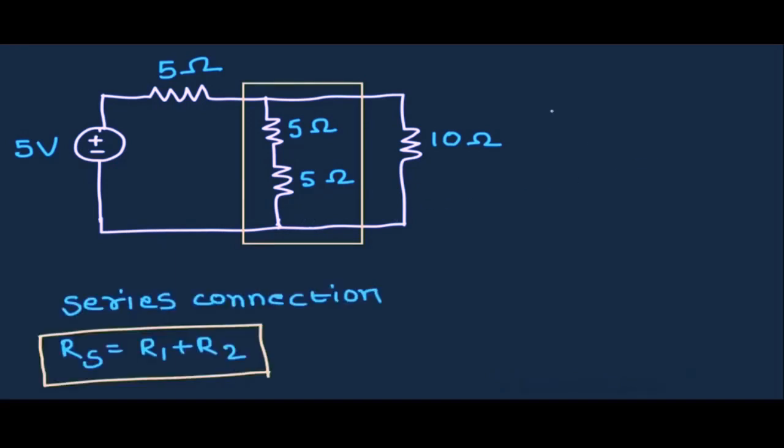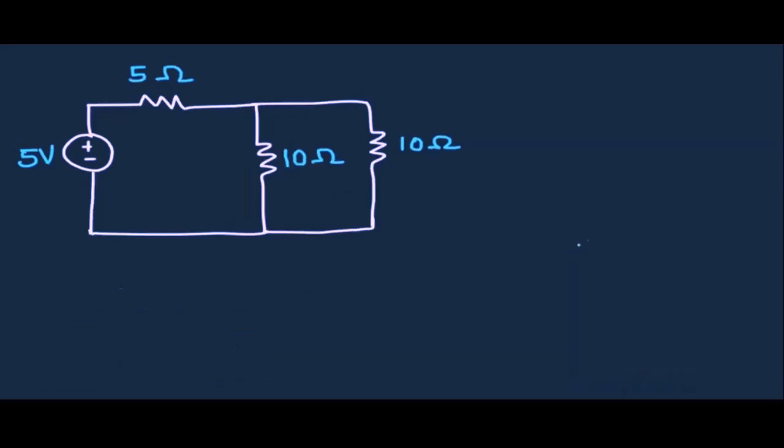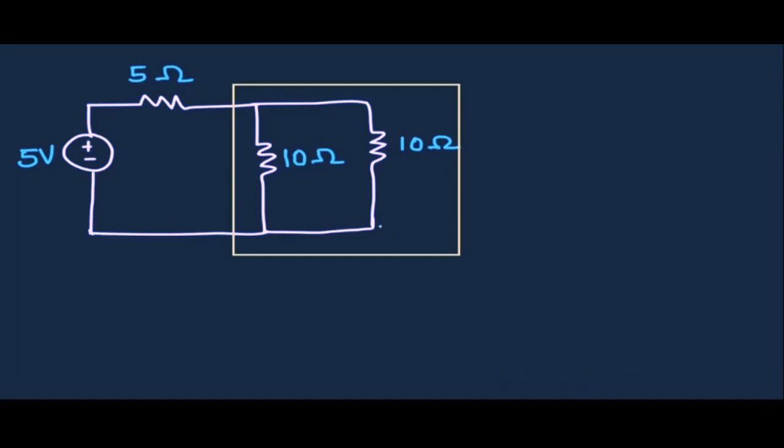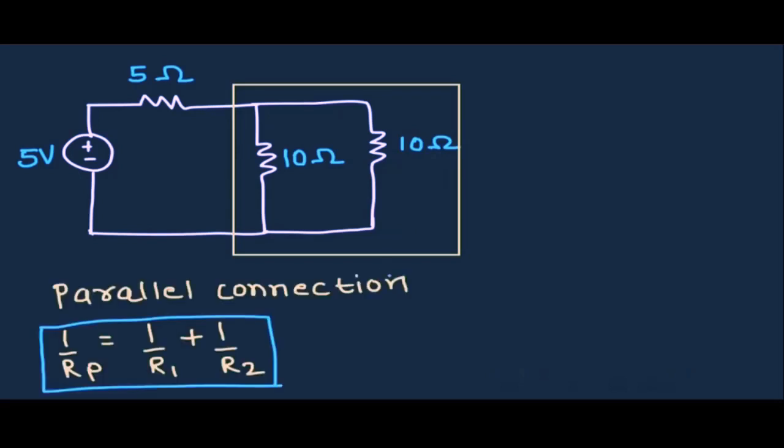So let's say their equivalent resistance is Rs, and Rs can be given as 5 plus 5, that is 10 ohm. So now the circuit will look like this. Now in this equivalent circuit, if you see, these two 10 ohm resistors are connected in parallel. So we can replace these two resistors by their equivalent parallel resistance.